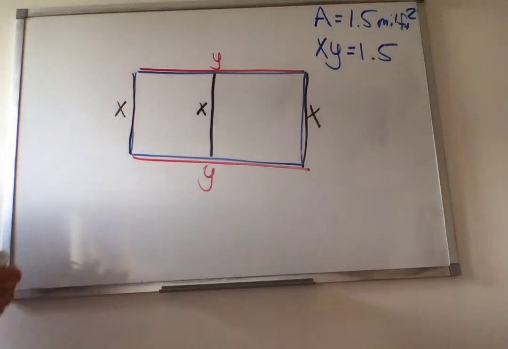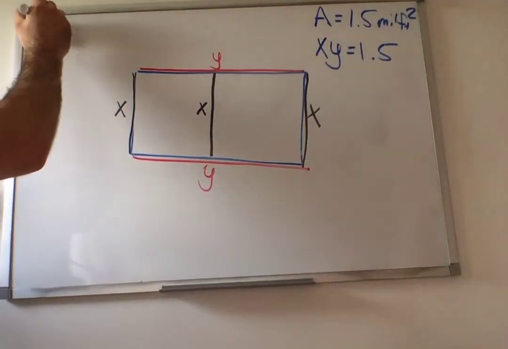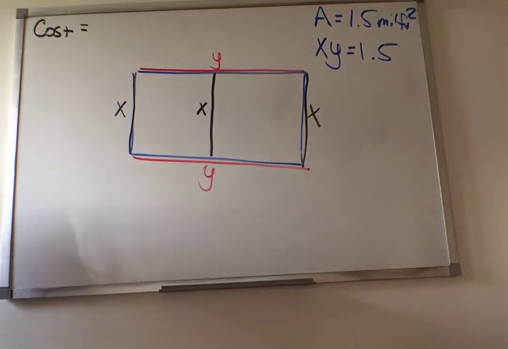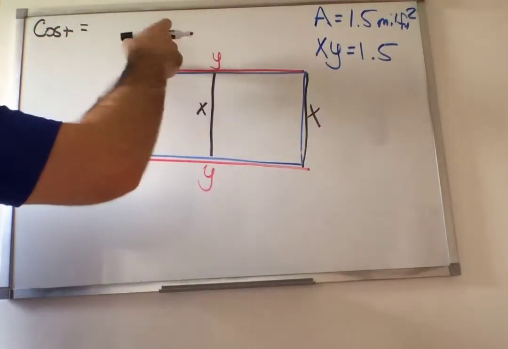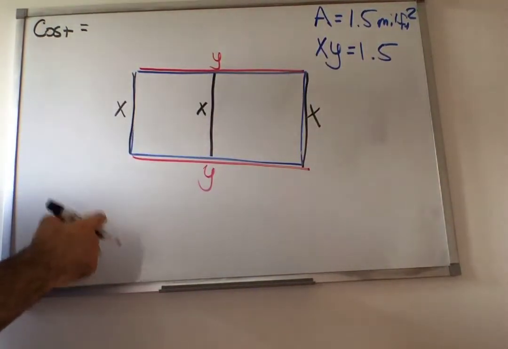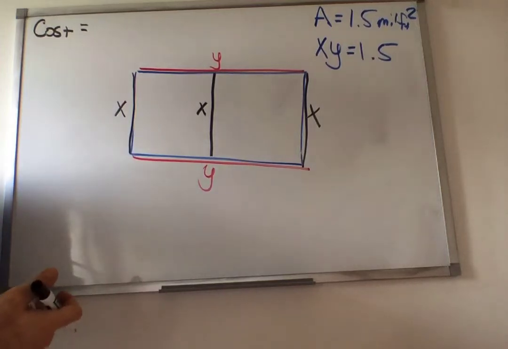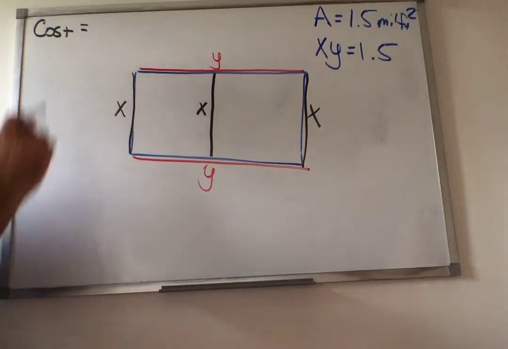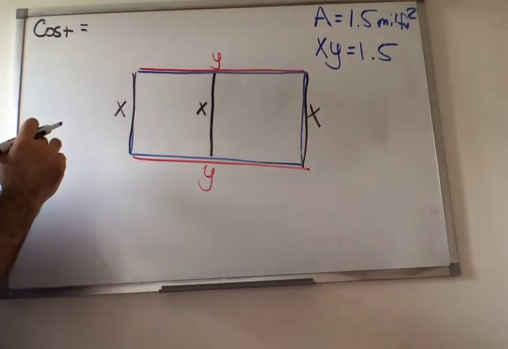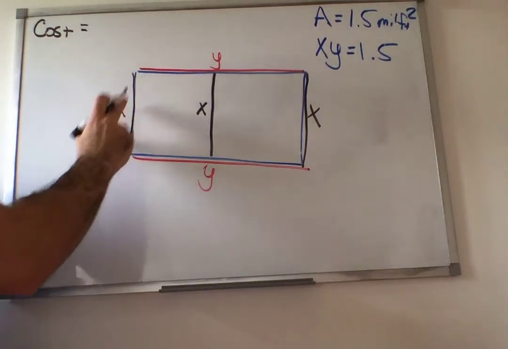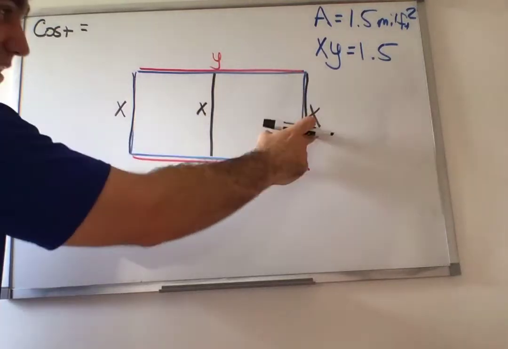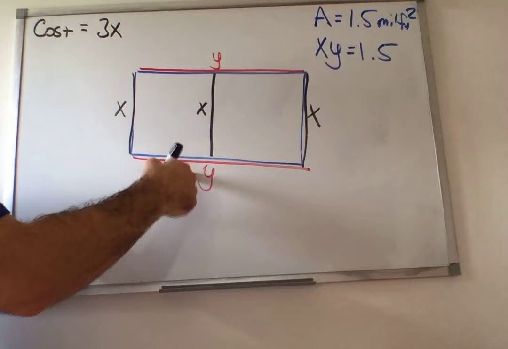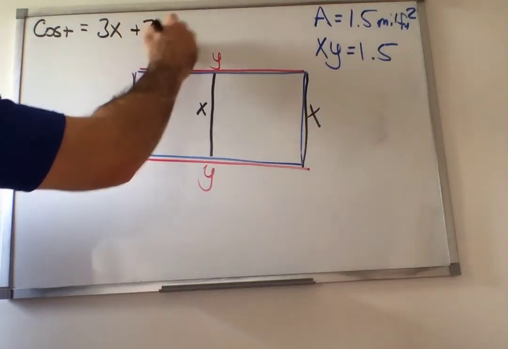So if I want to find the cost of this fence, it's going to be how much fence I purchase, of course, times the price per fence, but we are not given the price, so we're leaving that out right now. But the cost is going to be this side plus this side plus this side, which is 3x. This side plus this side, which is plus 2y.